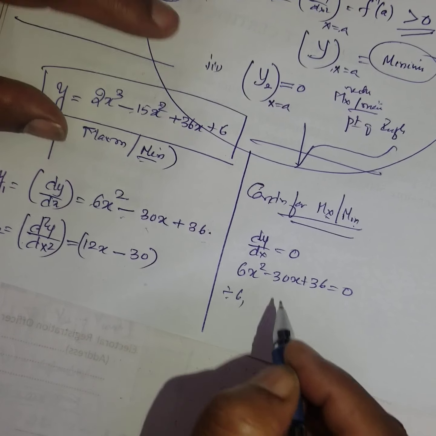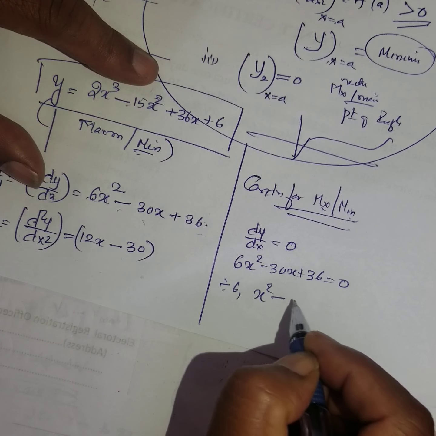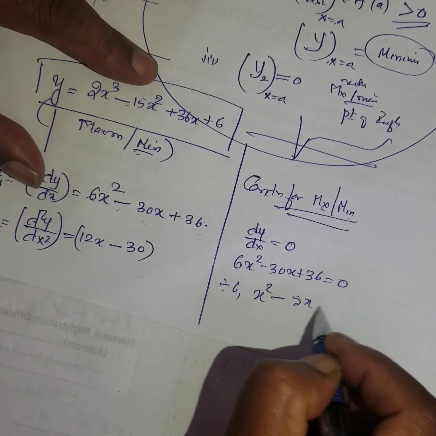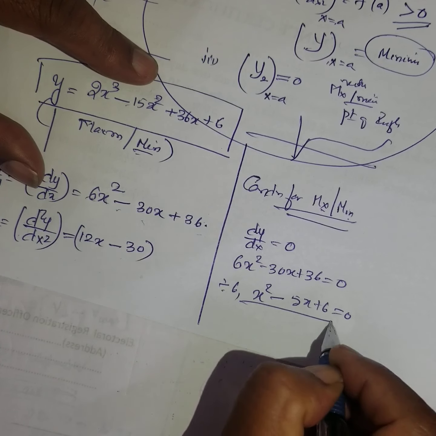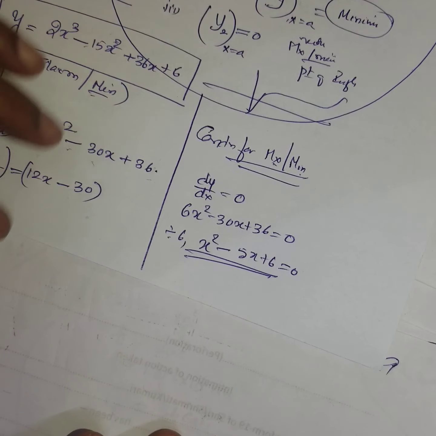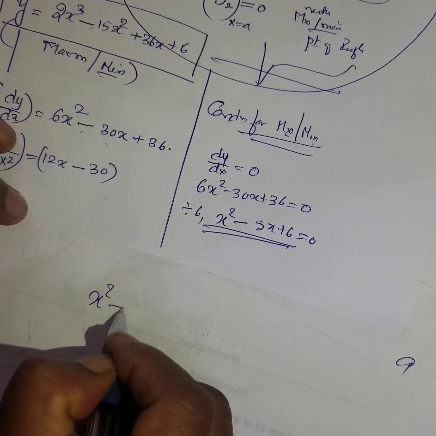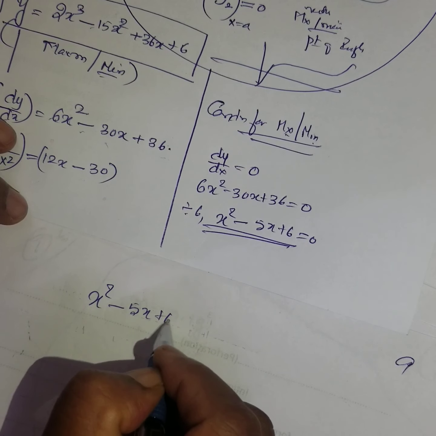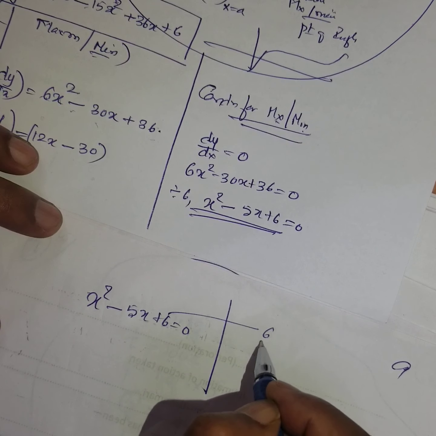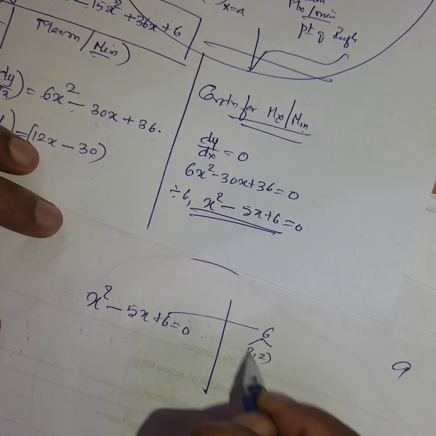Divide through by 6. What will we get? x square minus 5x plus 6 equal to 0. You know how to factorize this, right? x square minus 5x plus 6 equal to 0. You take the 6. 6 can be written as what? 3 twos are 6.